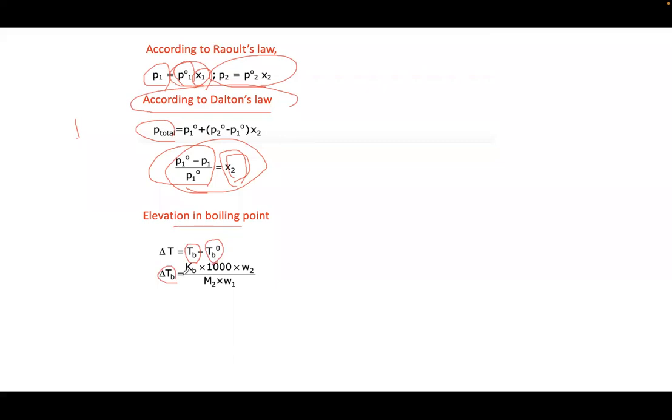That can be expressed as KB, the boiling point elevation constant, times 1000 W2 divided by M2 W1, where M2 is the molar mass of the solute, W1 is the mass of the solvent, and W2 is the mass of the solute.